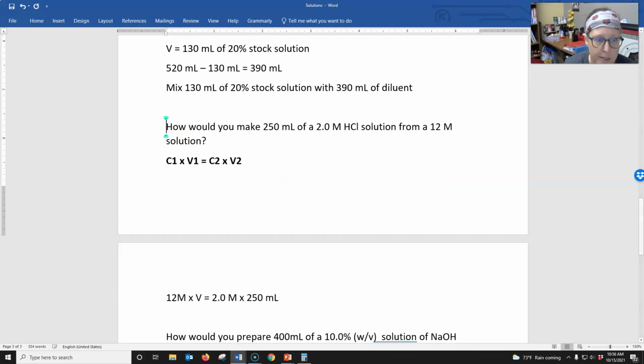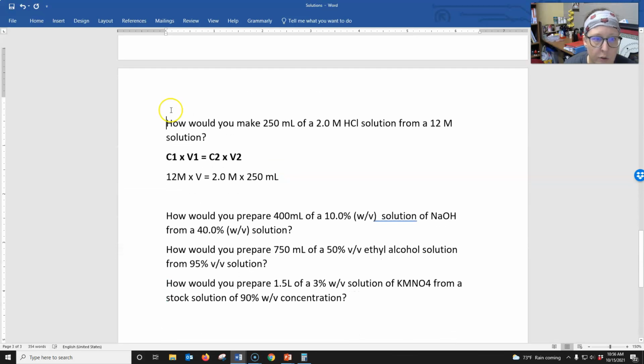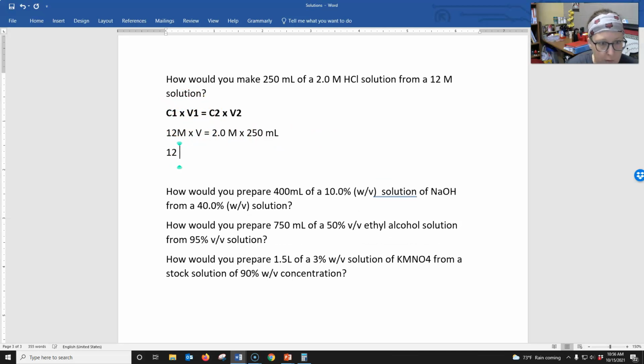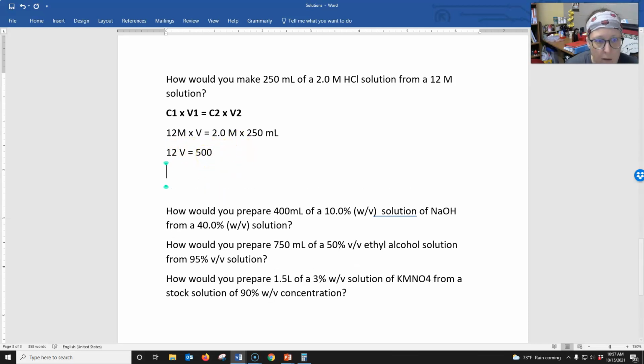Let me actually move this down to this page here and scroll. Okay. So we're going to solve for V1. Right now it says 12V equals 2 times 250, so that should be 500, right? We're going to divide both sides by 12.